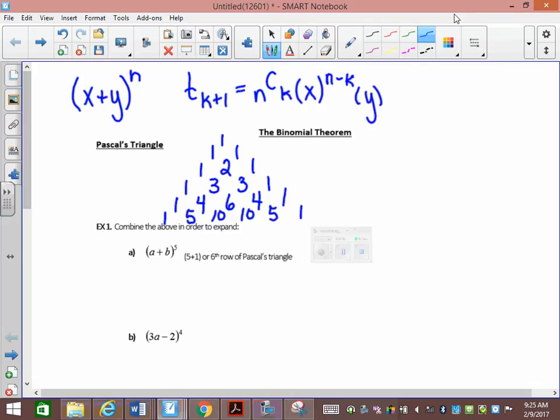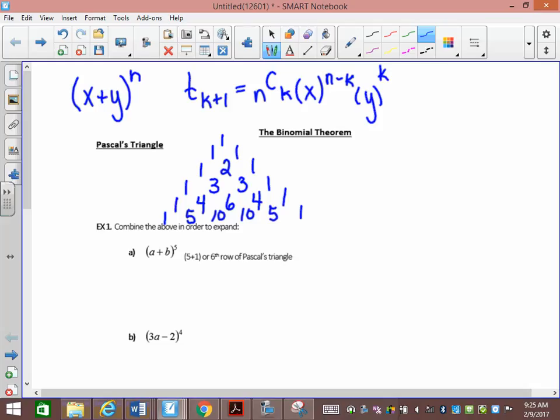It looks overwhelming, but it's not, I promise. That's the formula they give you on the formula sheet. If you can put a binomial into the form (x plus y) to the n, you can expand it out using binomial theorem. Okay?